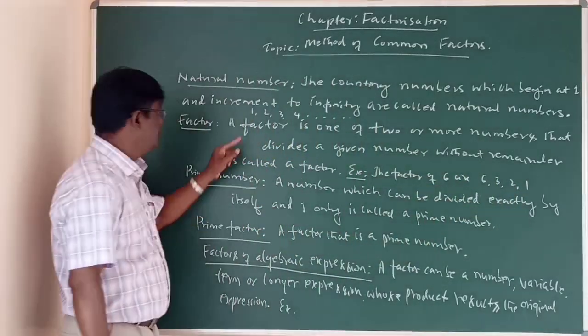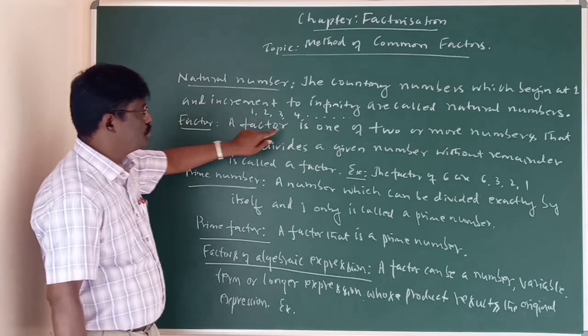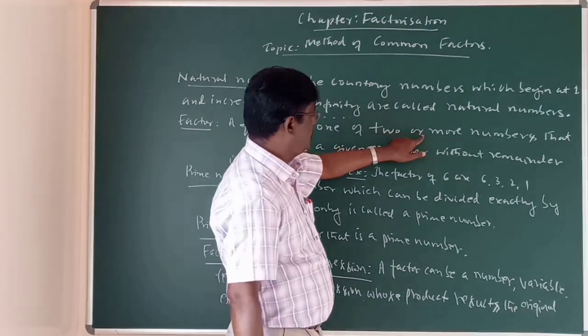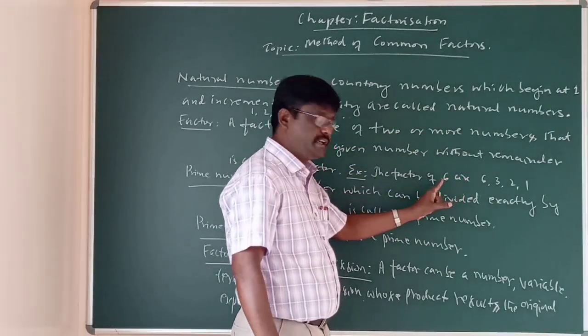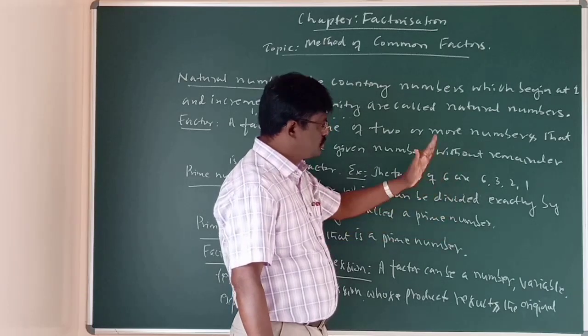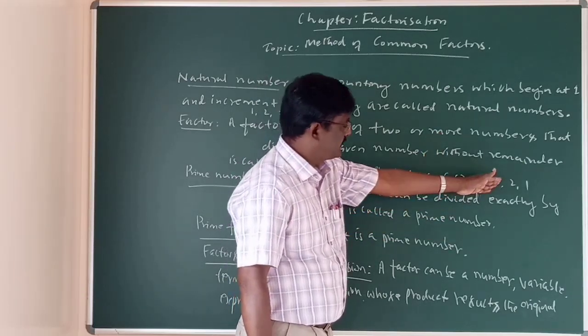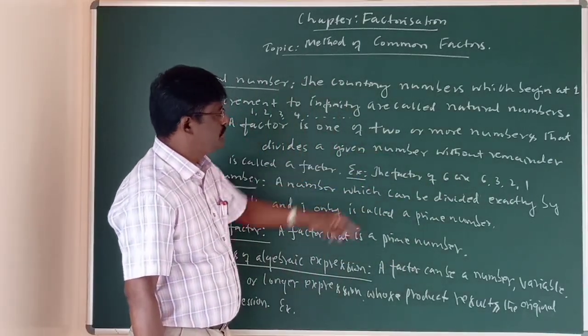Once again, look at what a factor is. A factor is one of two or more numbers that divides a given number. For example, if you take 6, 6 has 6, 3, 2, 1. Those are the factors of this number. That's why we say divides a given number without remainder.